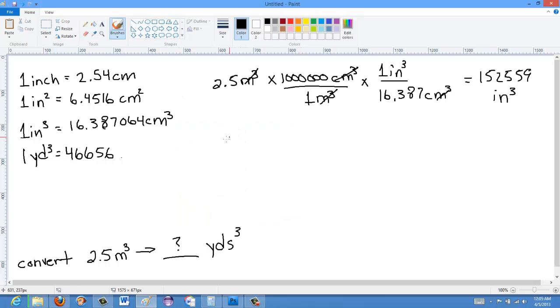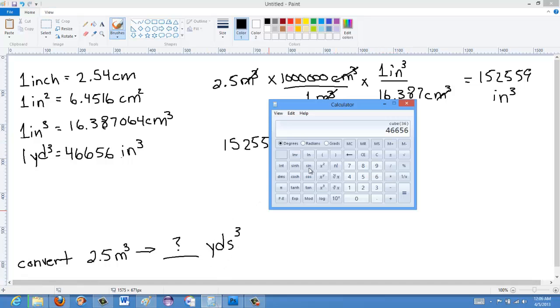Okay, and then I have 152,559. Now I shouldn't have erased the other decimals there, but unfortunately with the calculator on the computer that I have, it was unavoidable. So this is inches cubed times 1 yard cubed divided by 46,656 inches cubed, because these are equivalent.